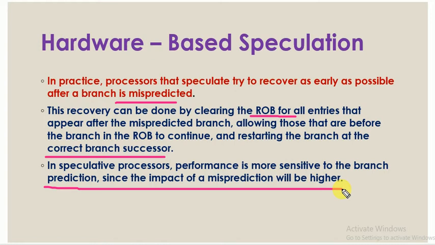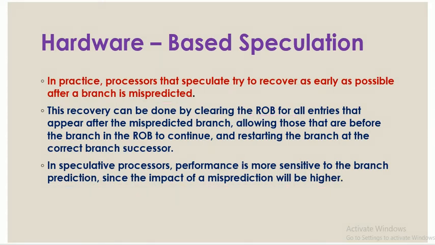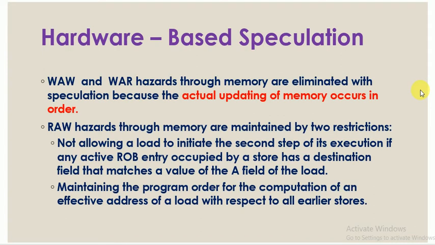When we have more branches available with every clock cycle, we need to follow hardware-based speculation so that we can reduce the number of wrong occurrences, and the issues related to branches can be resolved by using the hardware-based speculation method.